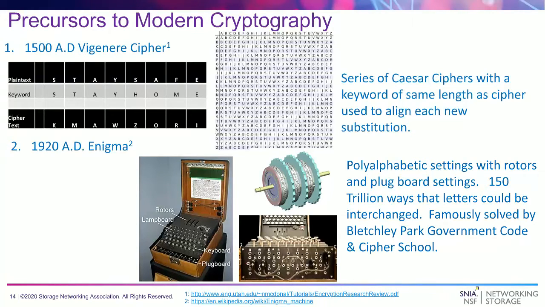This was a cipher that is built on the Caesar cipher, but it starts to be a harbinger of modern day ciphers, in that you would have a message, a plain text, and you would have a key.